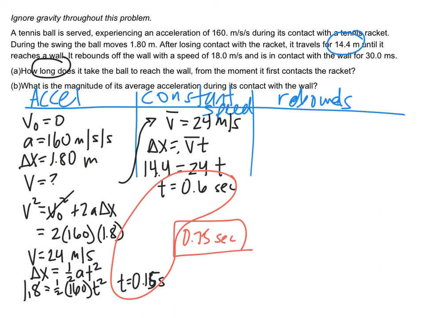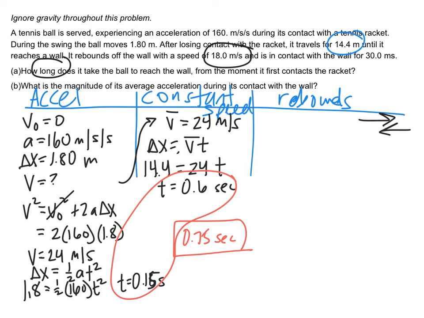All right, and then it rebounds, which means that it's initially going to the right, and then it's going to the left. So I need to make sure I pay attention to that. This 18 meters per second needs to be stated as the opposite direction to the original 24 meters per second.